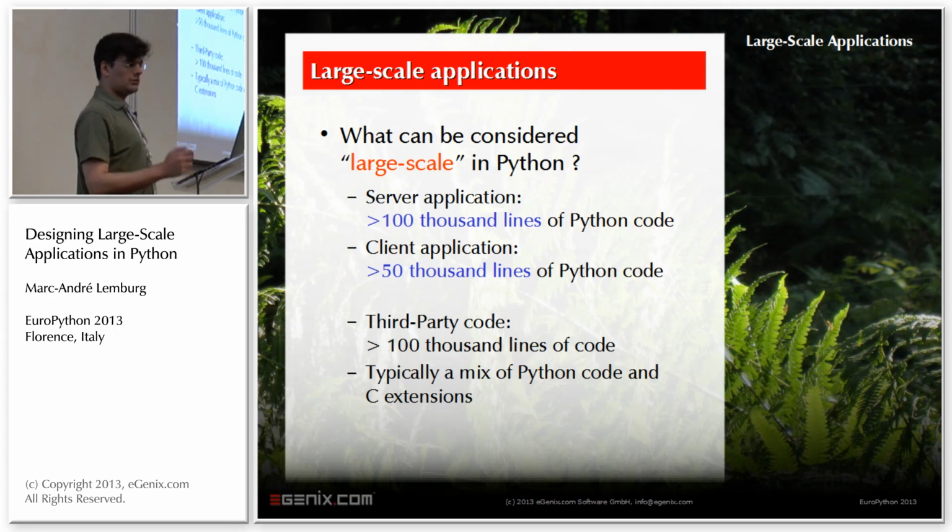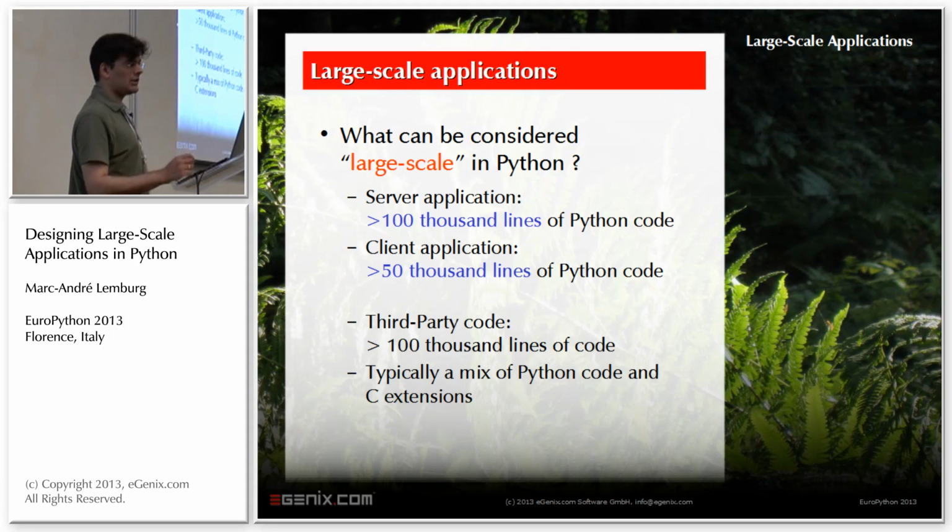That's when you start talking about large-scale applications. Now, Python code is usually much more efficient in expressing things that you want to do, so the numbers are much, much lower. So when I'm talking about a large-scale application, I usually refer to applications that have at least 100,000 lines of Python code, server-side applications.